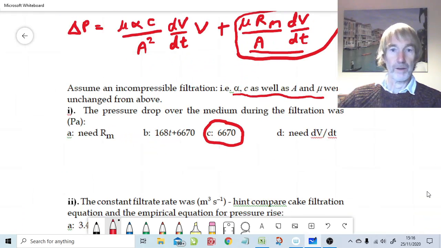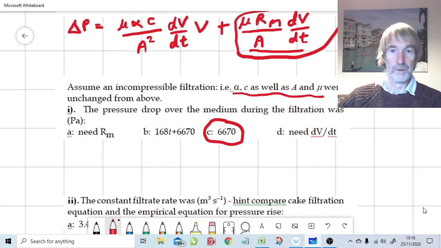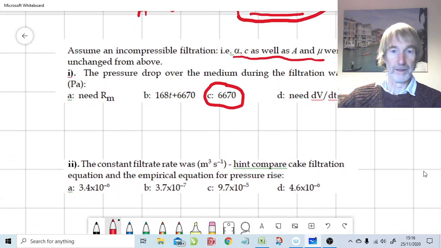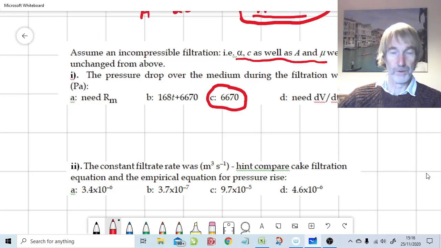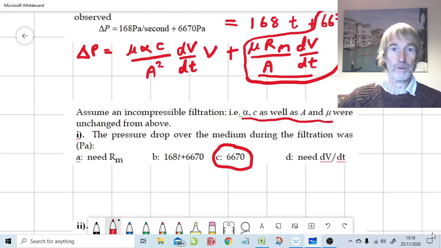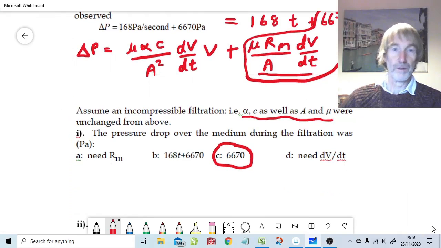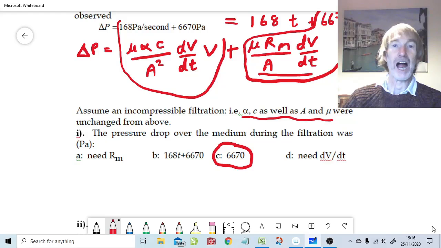Now the next part though, it does require us to make a calculation. We're interested in the constant rate and in order to solve that constant rate we do need these two bits just here, which are to do with the pressure drop over the filter cake.